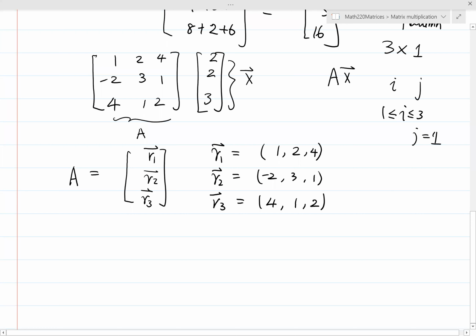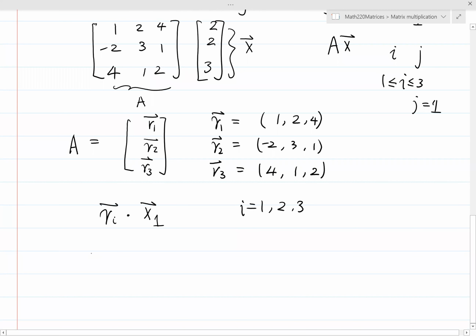So the ij entry of the result is given by the i-th row dot product with the j-th column of X. Here we only have 1 column in X. So i is from 1 to 3, I have 3 choices for row operation, so we get 3 rows, 1 column.